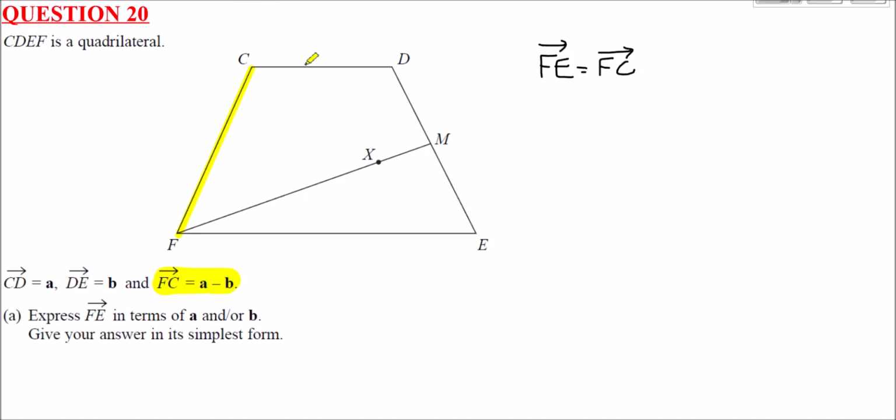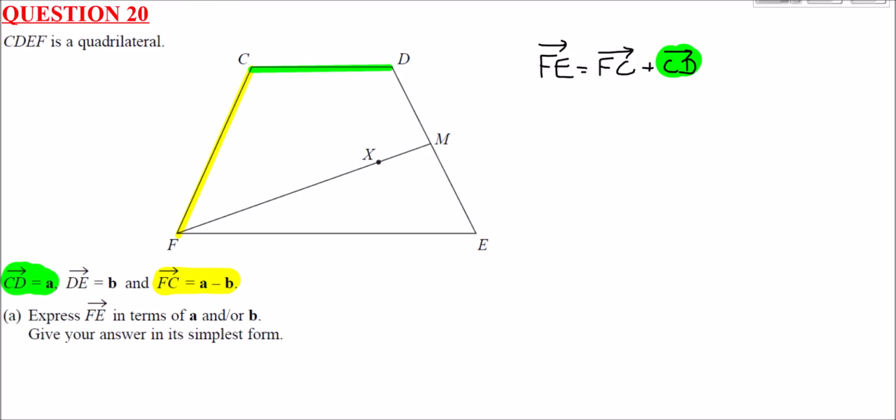Then when we're at C, we can go across from C to D. And that's okay. We know how to do that because we're told what CD is.